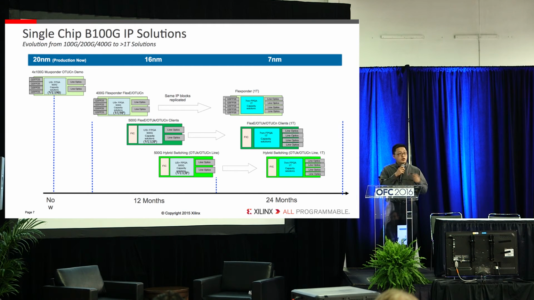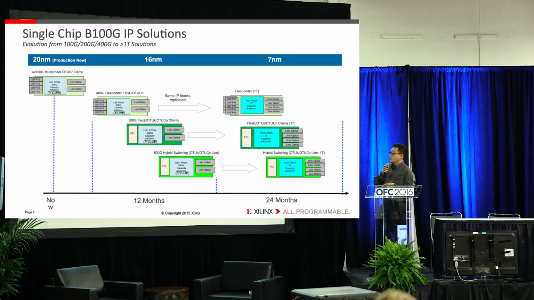Now, what are we doing after that demo? Currently, our plan is to offer more flexibility on the clients, on what type of client that we support. As you can see here, the current demo is a fixed Ethernet that we can support on the client side.